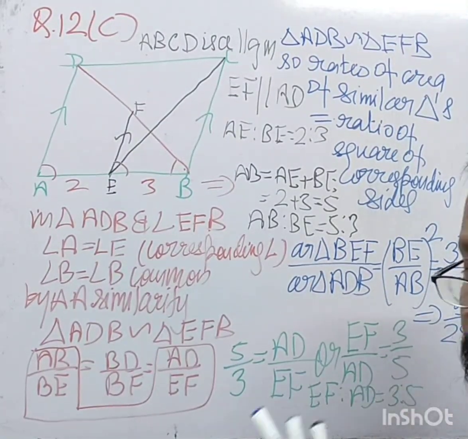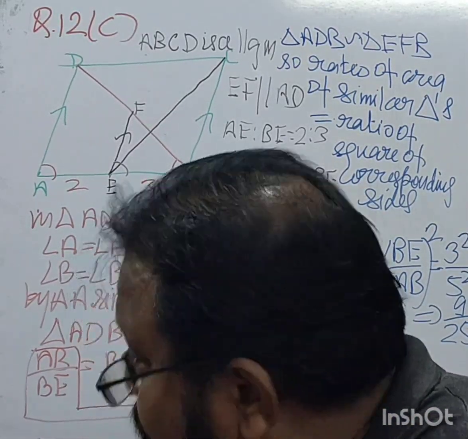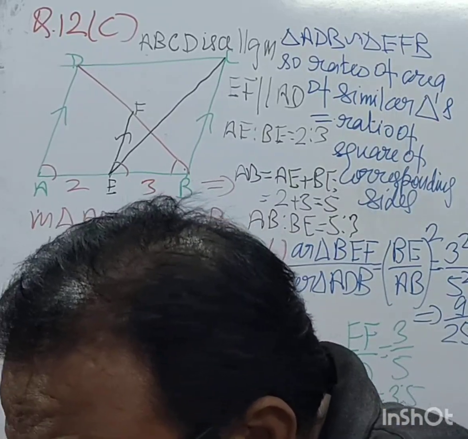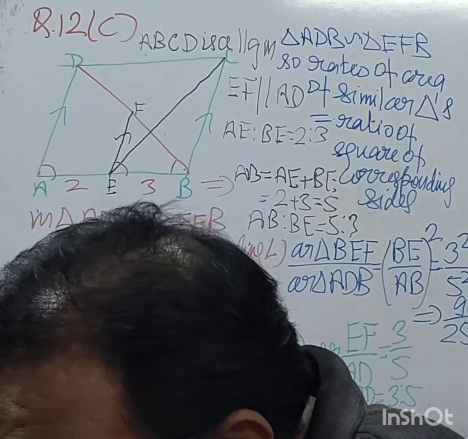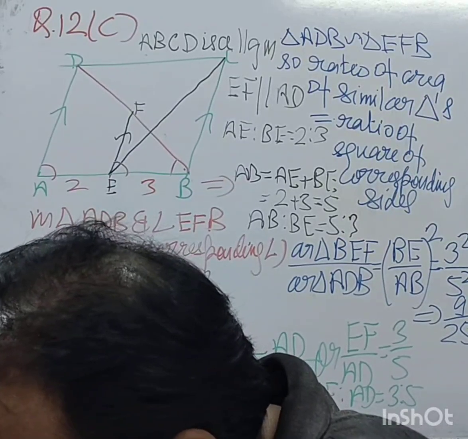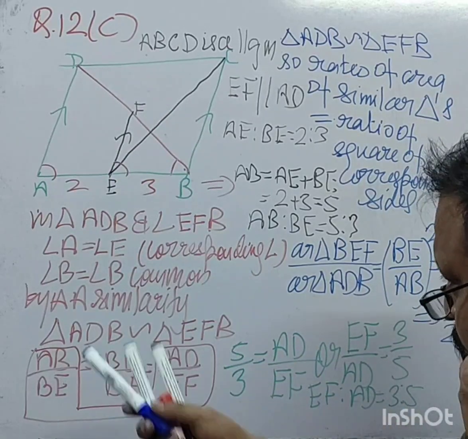Right? Okay, what next you have? Area triangle ABD and area trapezium AEFD.